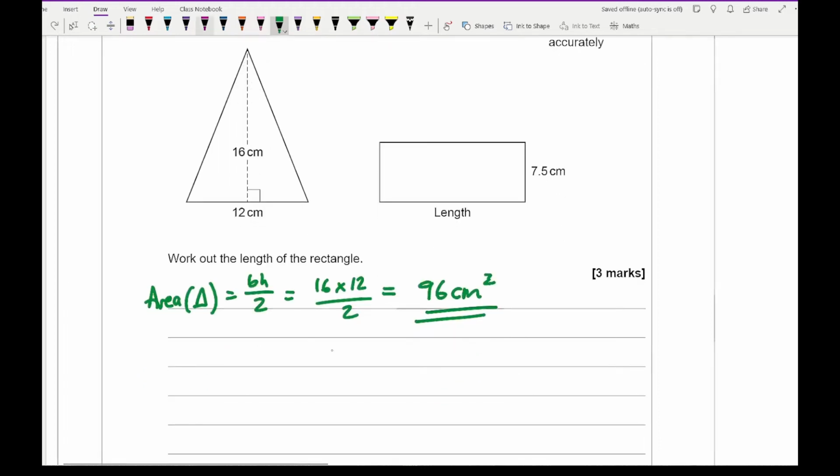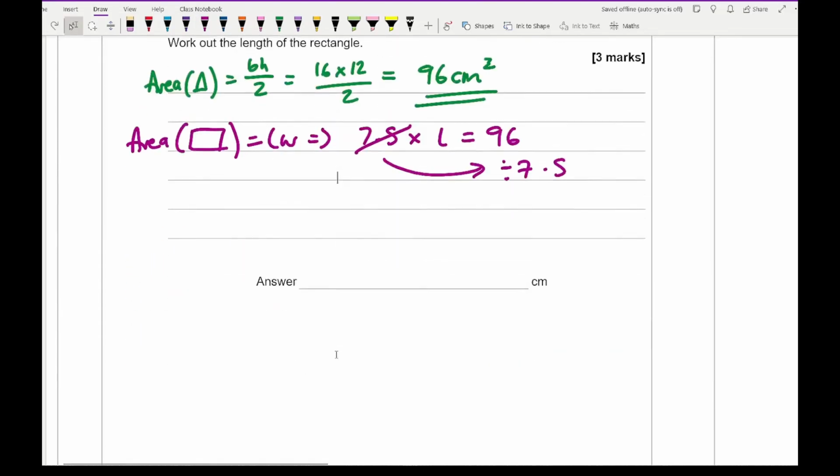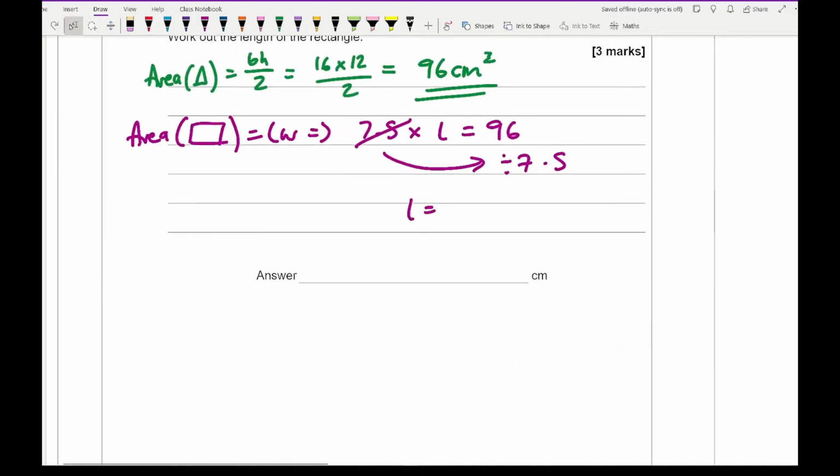To work out the area of the rectangle, that's length times width, so 7.5 times the length equals 96. All I need to do is divide by 7.5 to work out the length. So the length is going to equal 12.8 centimeters.